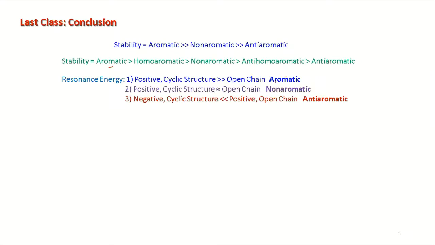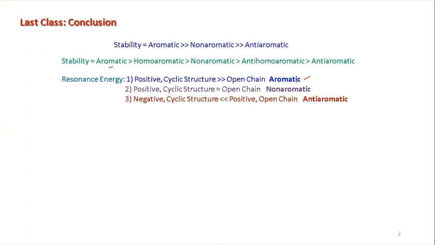Okay, and we tried to show some calculations and come up with the information that the resonance energy is positive for a cyclic structure and is far more than its open chain. Generally we call that cyclic structure aromatic.